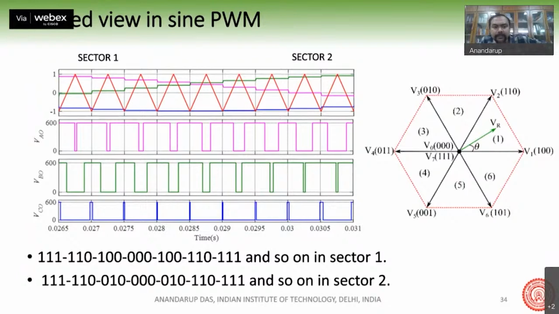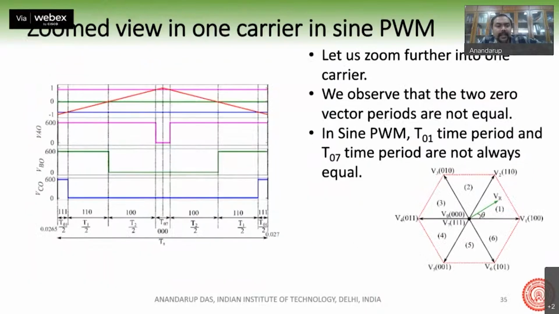But there is one difference between sine PWM and space vector PWM. In sine PWM, the two zero vectors at the beginning and at the end of the cycle are not equal.